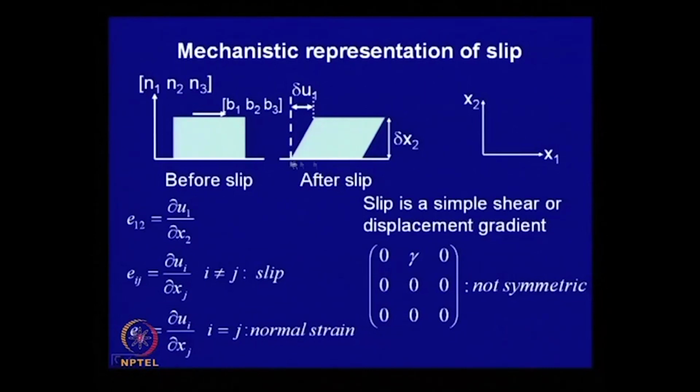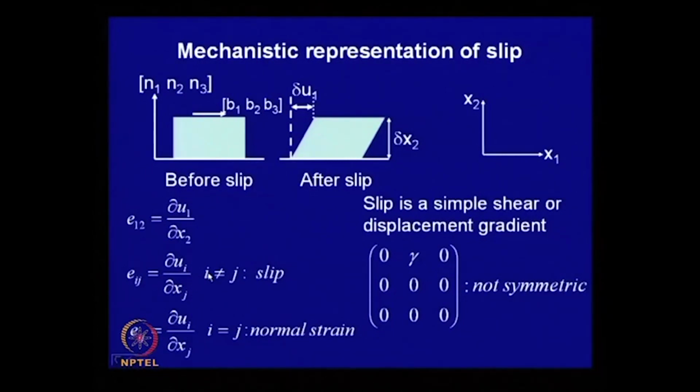So, plane 2, you can say the normal to this is plane 2. So, we follow the same convention. If it is ij, the second suffix represents the plane, the first represents the direction. So, in general you can represent this displacement gradient like this, del u_i by del x_j.